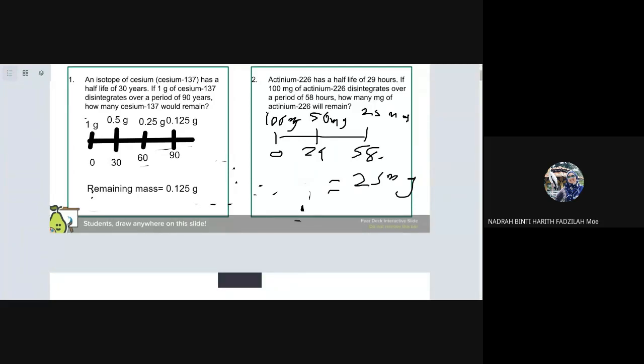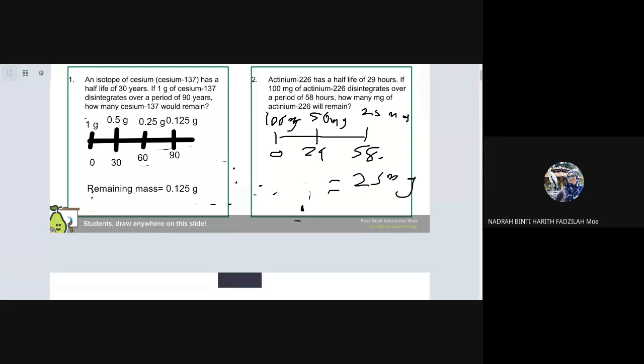Okay, so Rashdan dah boleh pergi slide 13. Okay, Sofia belum lagi. Okay, Nafdi pun you can go to slide 13, very good. Okay, and then Aira pun sama boleh. Aira, you can go to slide 13, very good. Okay, almost there. Dora jangan lupa tulis unit ya, gram ya.